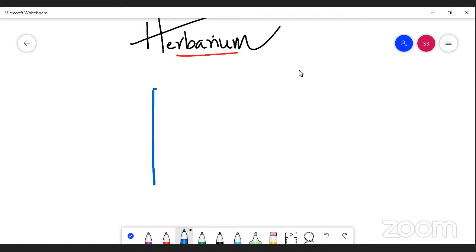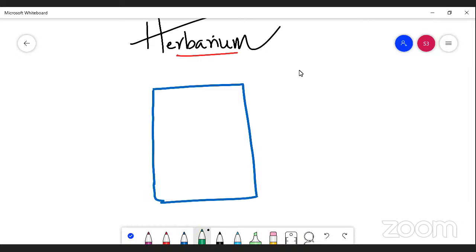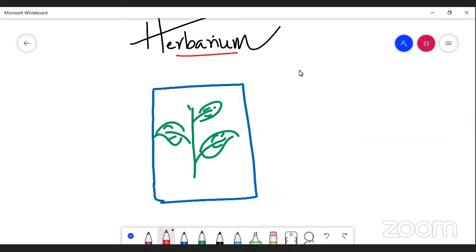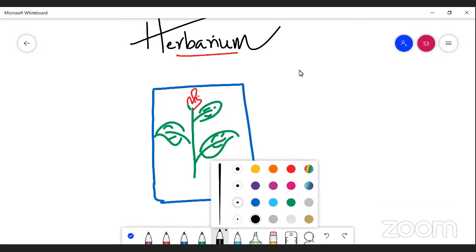If we take it, this is a sheet which is made of chart paper, in which the plants are collected and pressed on a specified sheet by mounting, along with the flower, fruit, seed, etc. So this is called a herbarium.